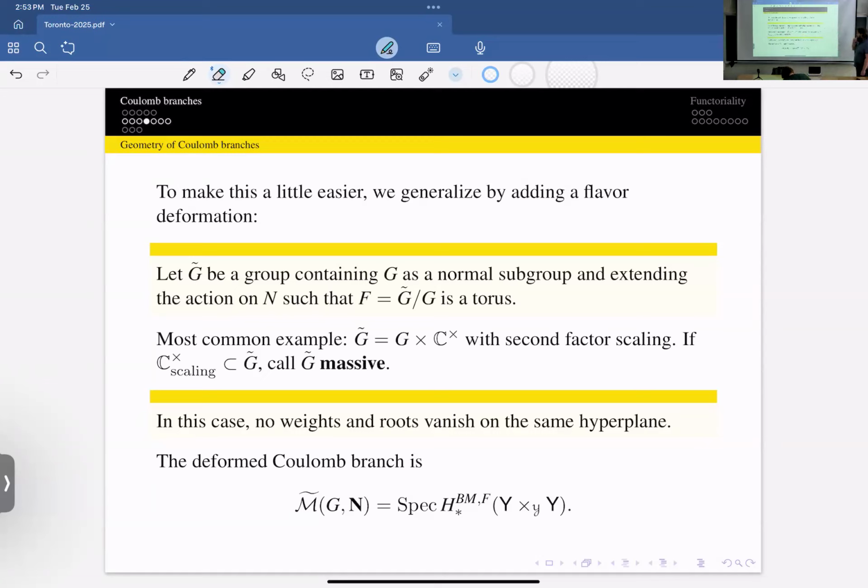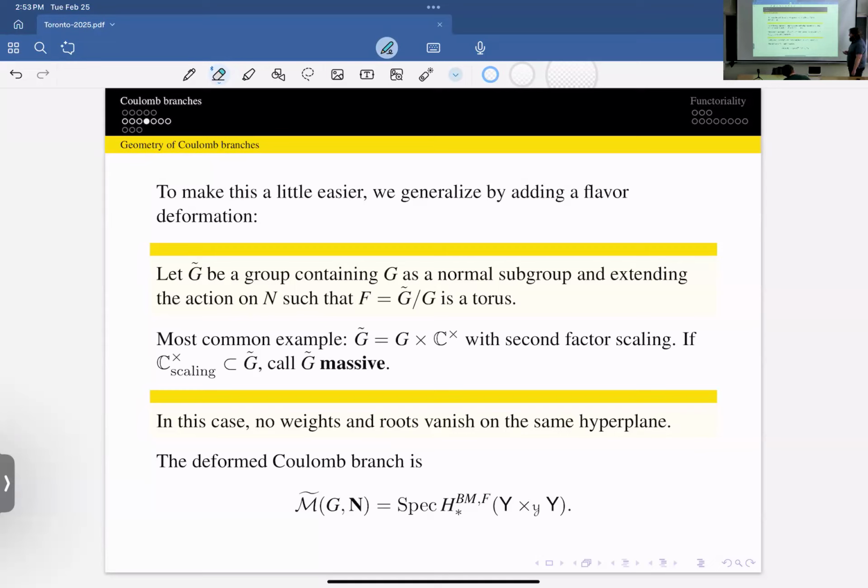The most common example, which you can do for any group, which makes it convenient, is to take the group and multiply it by the scaling C star. That's a bigger group. It contains G as a normal subgroup, and it still acts on N. If this bigger group contains the scaling C star, we call it massive.